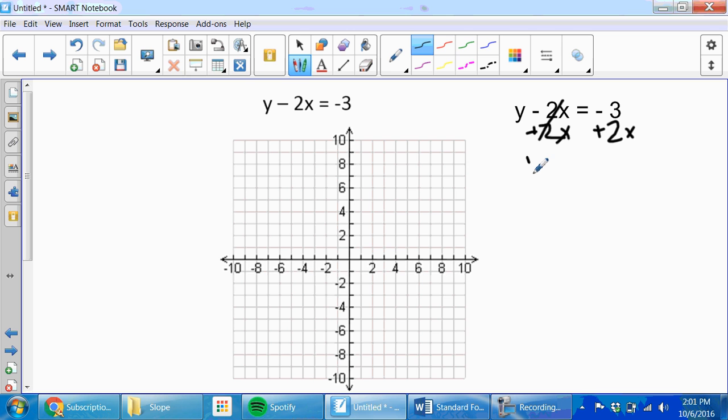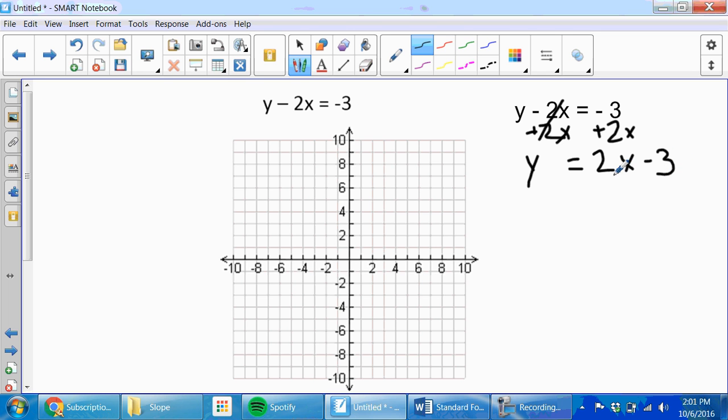This just leaves me y on that side of the equal sign. On the other side, I have a positive 2x. Remember, I'm trying to rewrite this in slope-intercept form, which is y equals mx plus b. And then the b value is this last thing without the x, the minus 3. So I'm going to write minus 3 there at the end.